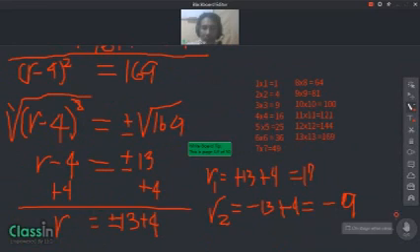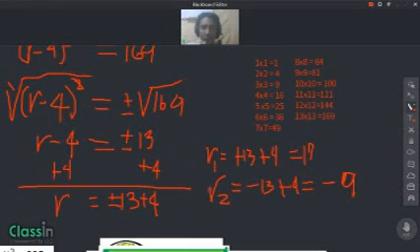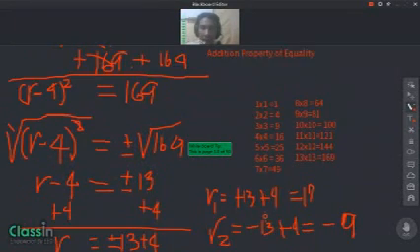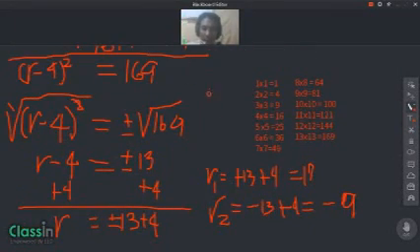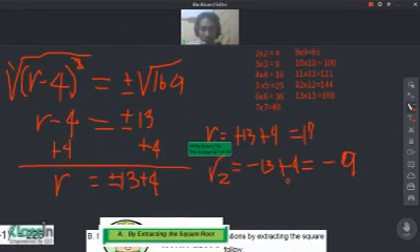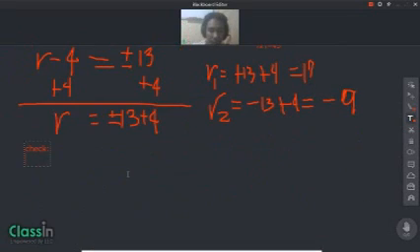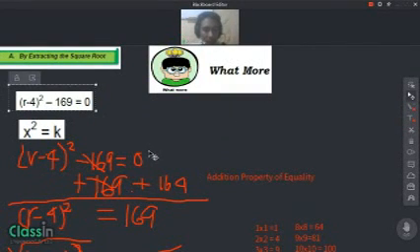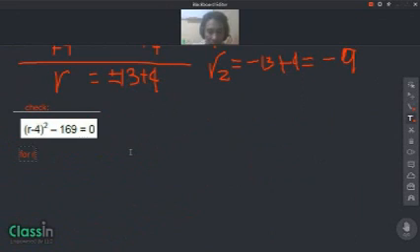If we check these values in our equation, they will satisfy it. The equation will become true. Shall we check? Okay, we will try to check. We will copy our equation here. r equals 17.